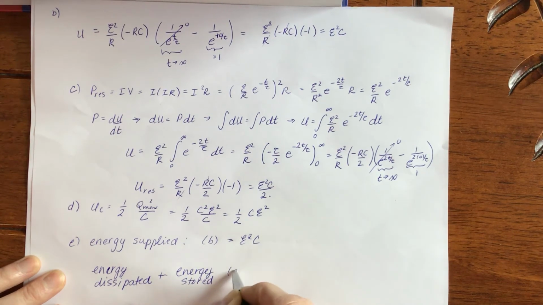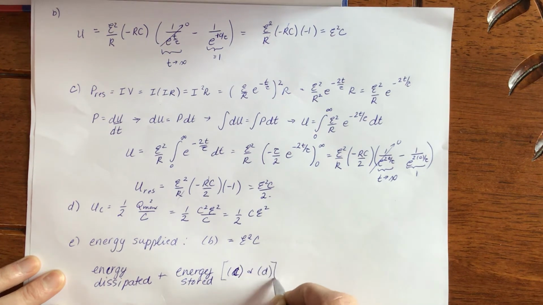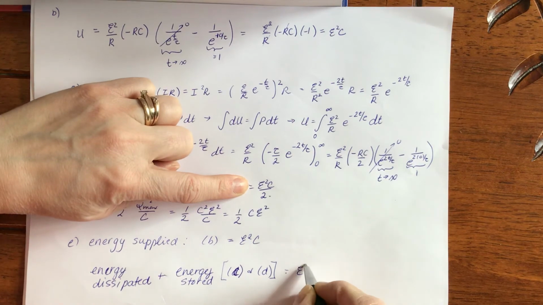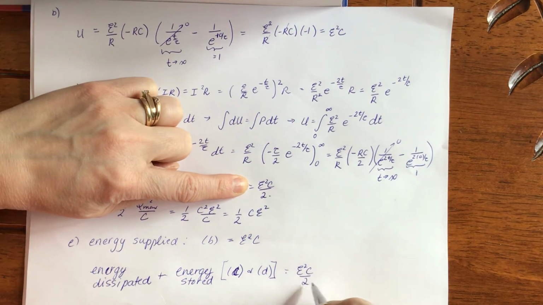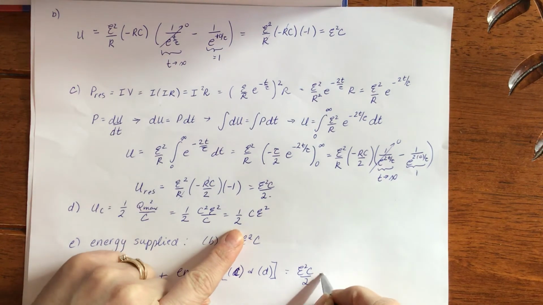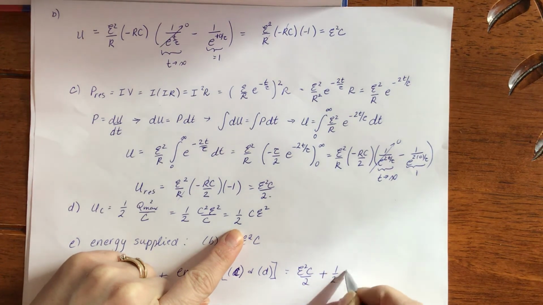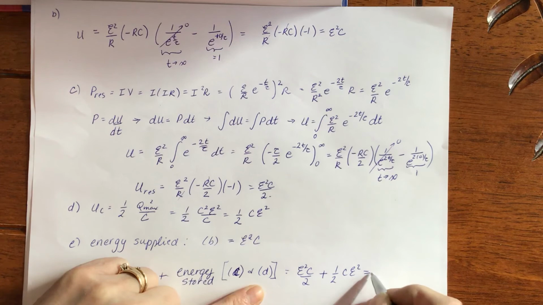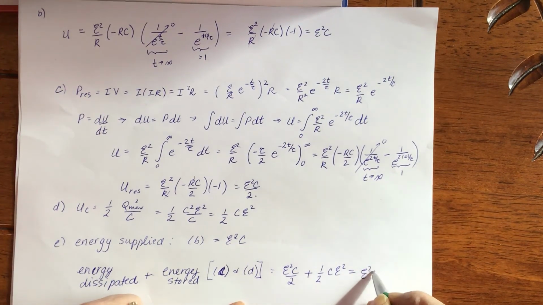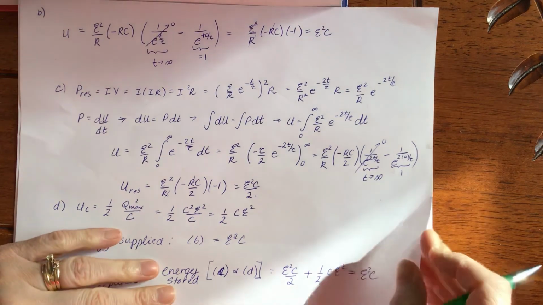So those are parts C and D. So the energy used up, dissipated by the resistor, is epsilon squared C over 2. And the amount stored on the capacitor is 1/2 C times epsilon squared. Add those guys together, we get epsilon squared C. So yes, energy is conserved.